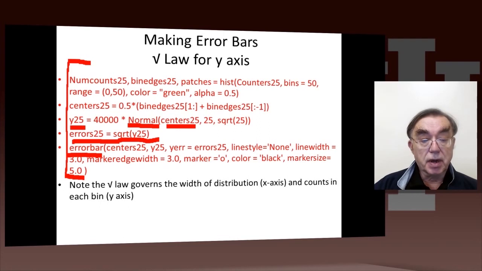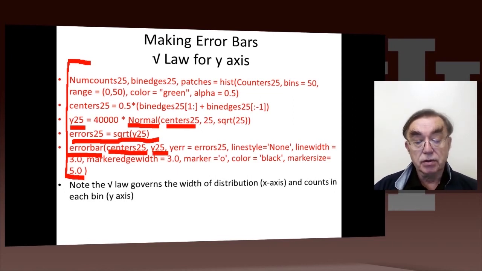We get the error bar by plotting it at the center. The abscissa, which is the x-axis, is given by the centers of the bins. The y value is given by the normal distribution, and the error is just the square root of y25.